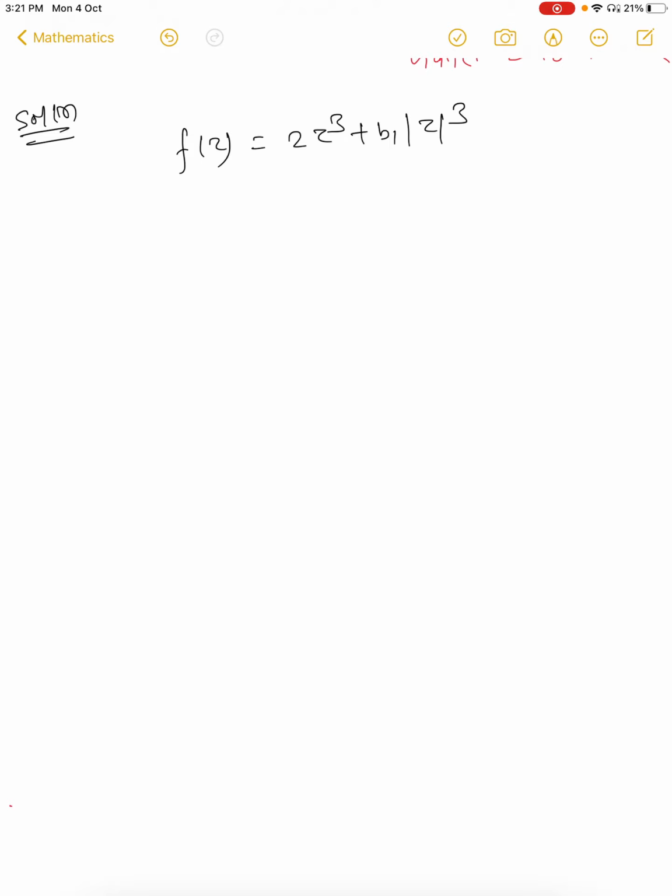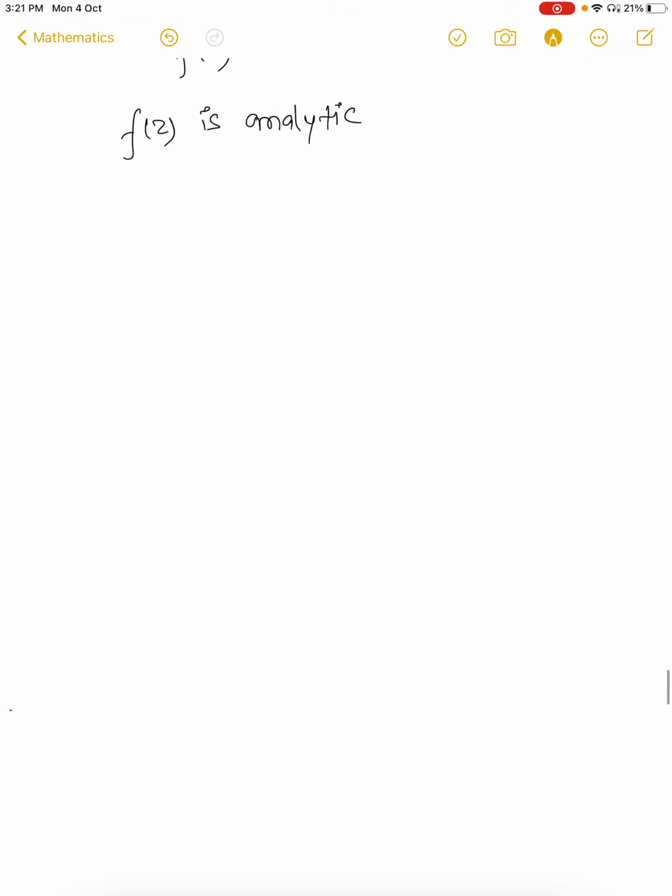Given that f(z) is analytic, this is possible only when b equals 0.